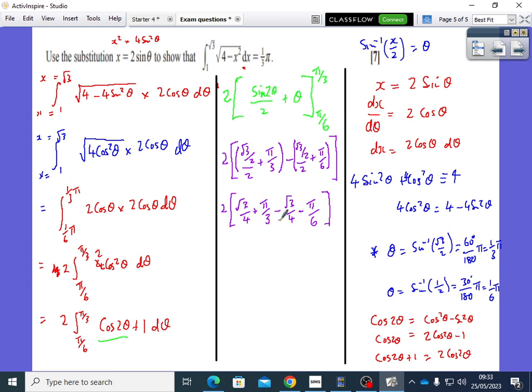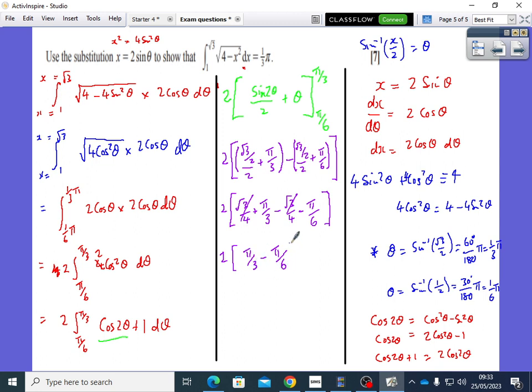Now they will cancel with each other, and you will end up with pi over 3 take away pi over 6.